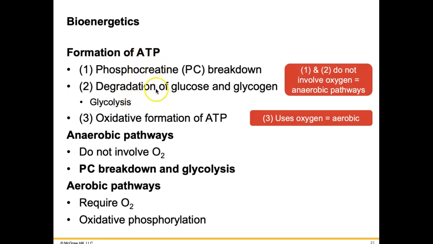And these first two pathways do not involve oxygen, so they are called anaerobic pathways. And then we've got our oxidative formation of ATP. This is going to utilize oxygen, so we call it an aerobic pathway. And that's essentially what's being said down over here.